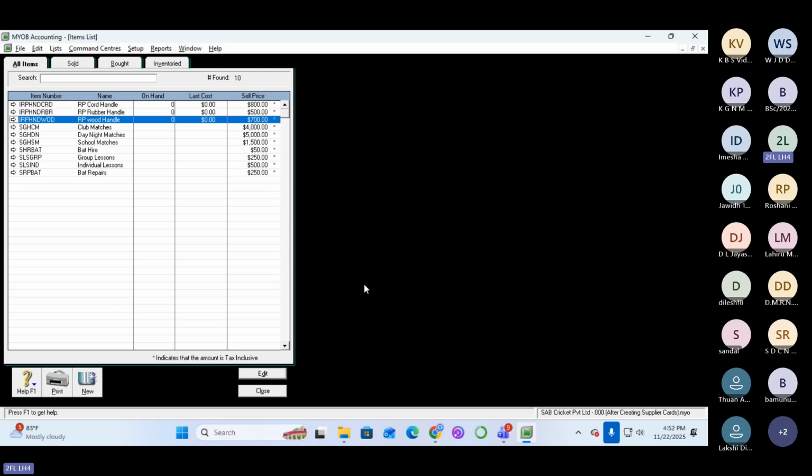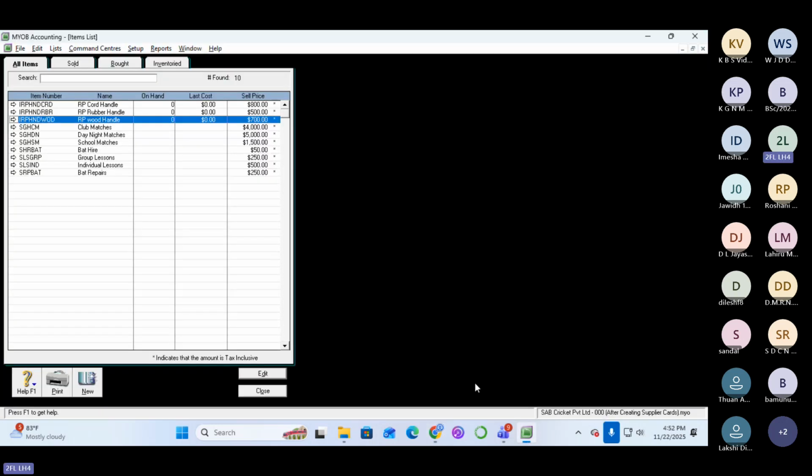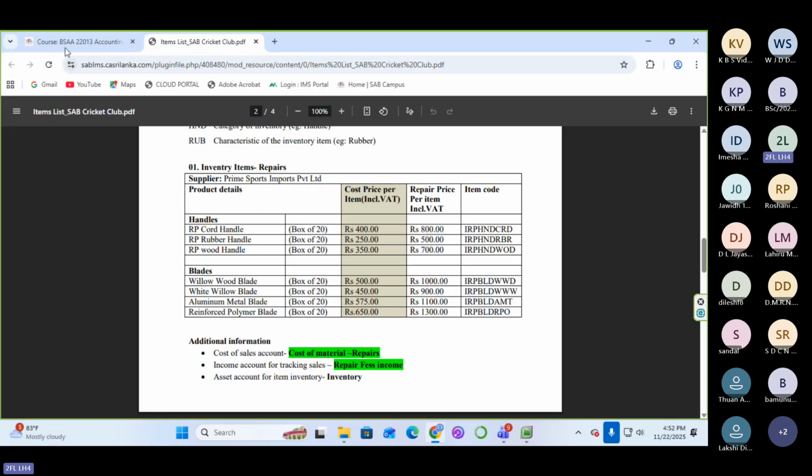Right, hope you created the three handles. If you created three handles, I'll show you the attendance to mark.